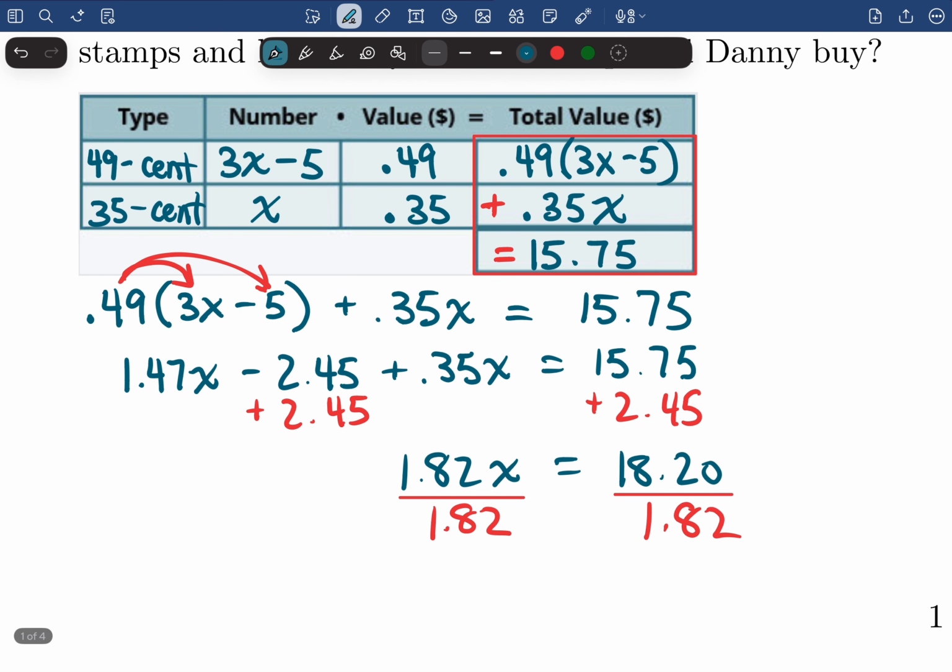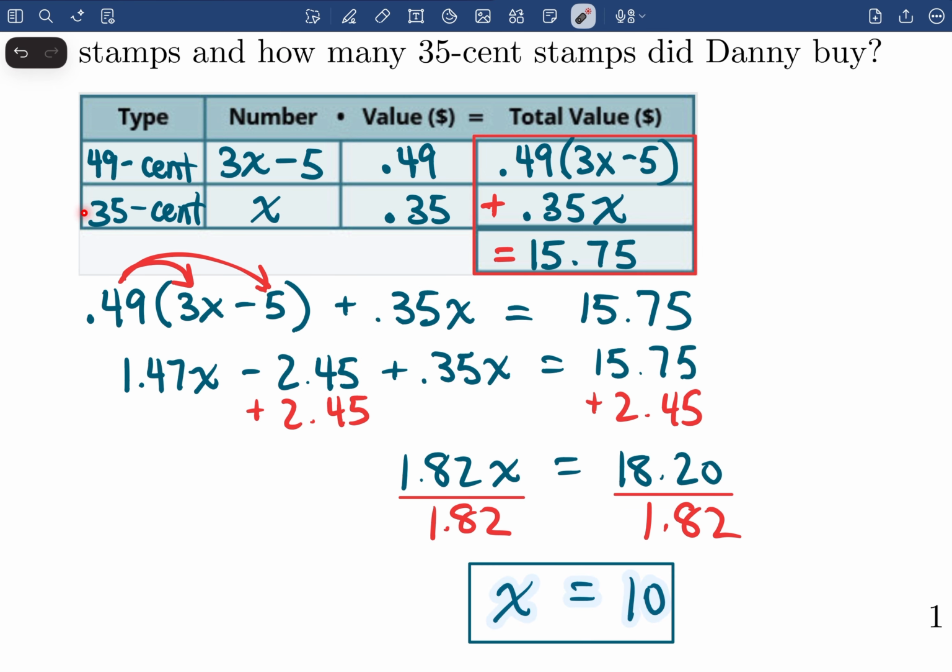Great. So x is equal to 10. Okay, we have solved for x. Well, we have to go back and say, what did x represent? x represented the number of 35-cent stamps, because that's what we set equal to x. So I've just found there are 10 35-cent stamps.